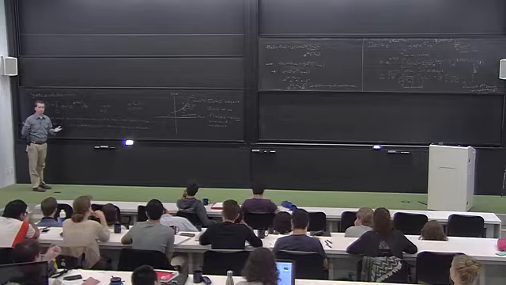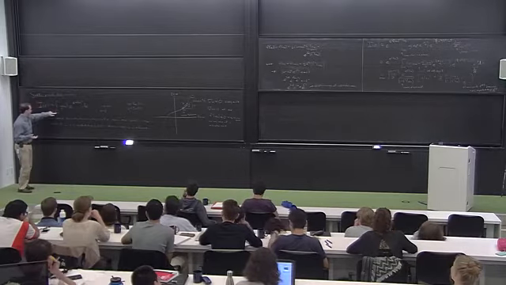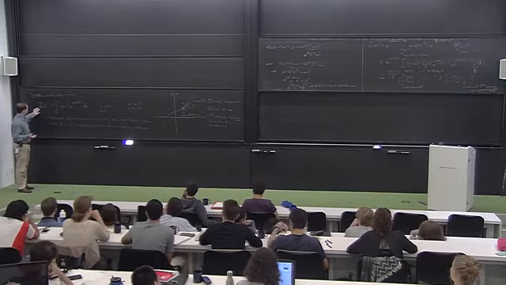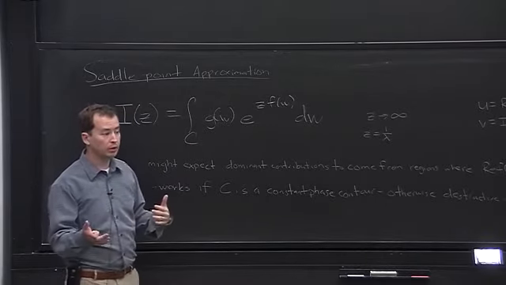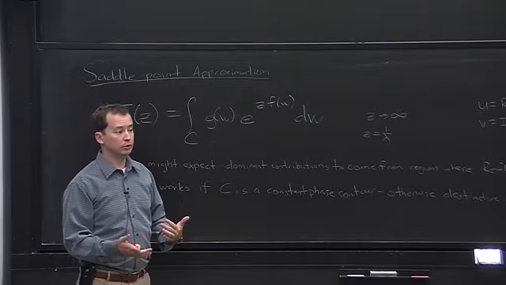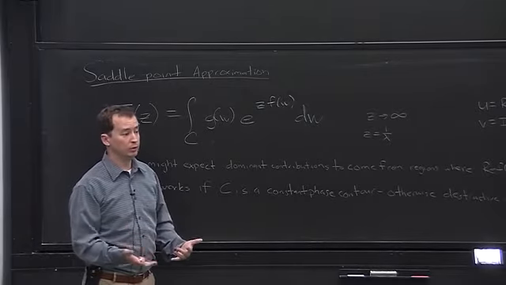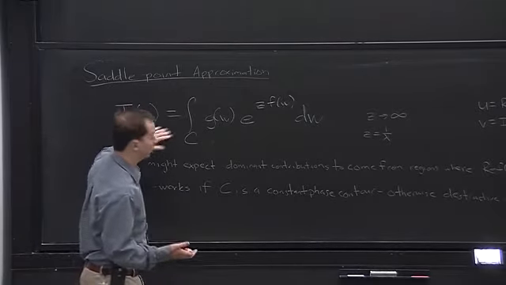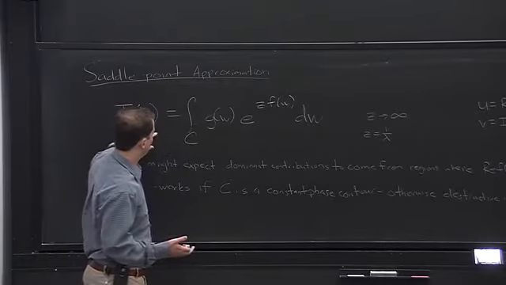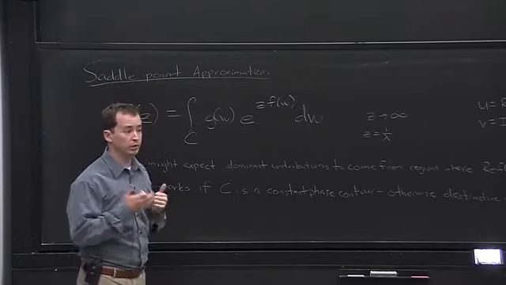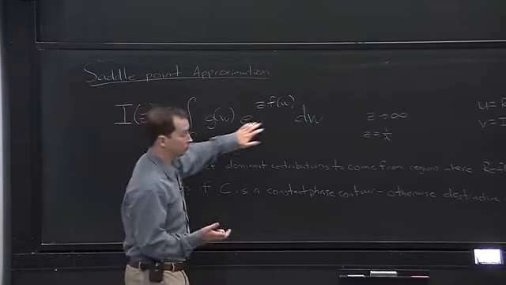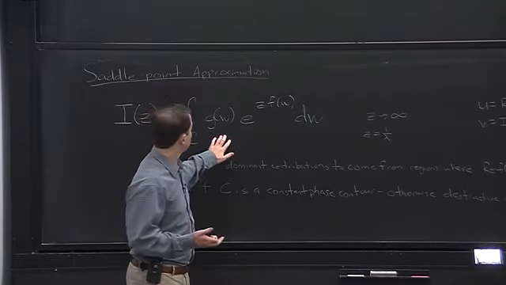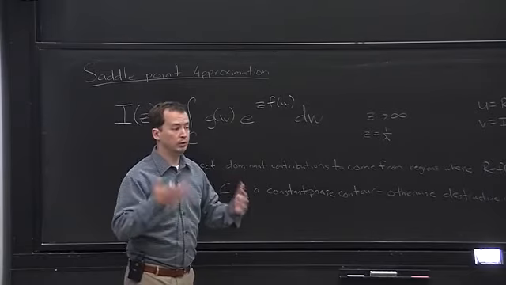They might have some poles or branch cuts. When we get an integral like this, we might have in mind some original contour. That original contour is not always going to be the one in which we can use the saddle point approximation directly. But as long as these are reasonably nice functions, we can deform it into the correct contour.